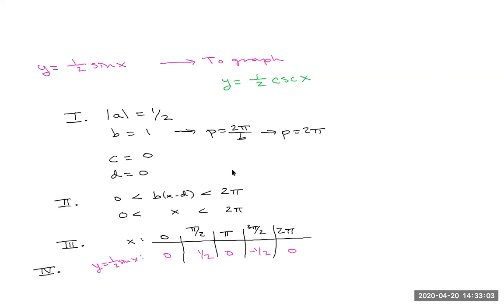So what happens for the graph of y equals 1/2 cosecant x? The shortcut way: wherever you have a 0 for y, since these are reciprocal functions, this is going to be undefined.